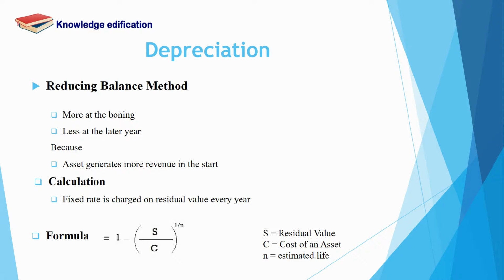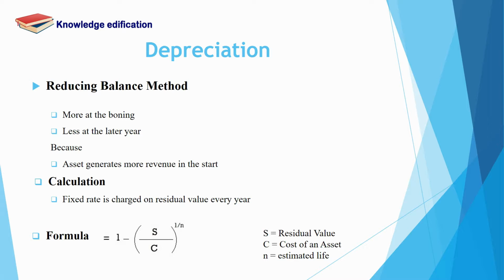Second is depreciation under reducing balance method. In reducing balance method, more depreciation is charged at the beginning of the asset's life and less towards the end, because the asset is more productive and efficient in the start, therefore it generates more revenue as compared to later years. In reducing balance method, the depreciation rate is calculated and then every year such depreciation rate is charged on the residual value.